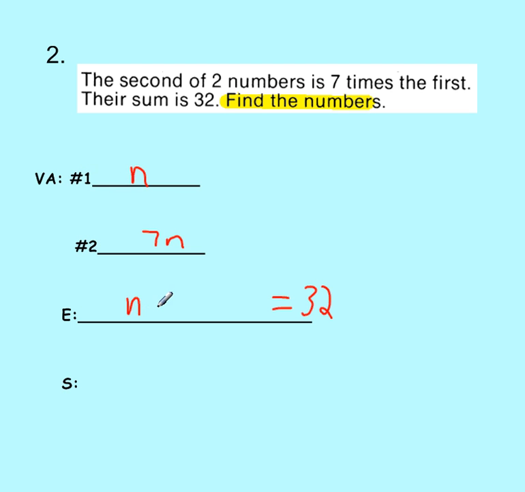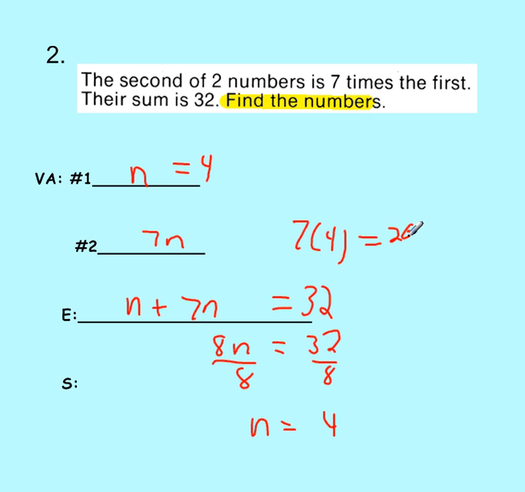So it's going to be n plus 7n. Combine those like terms, we have 8n equals 32, divide by 8, and n is equal to 4. If n is 4, then I plug in here, 7 times 4, which is 28. So my second number would be 28. So 28 and 4. Add those two together, I get 32.